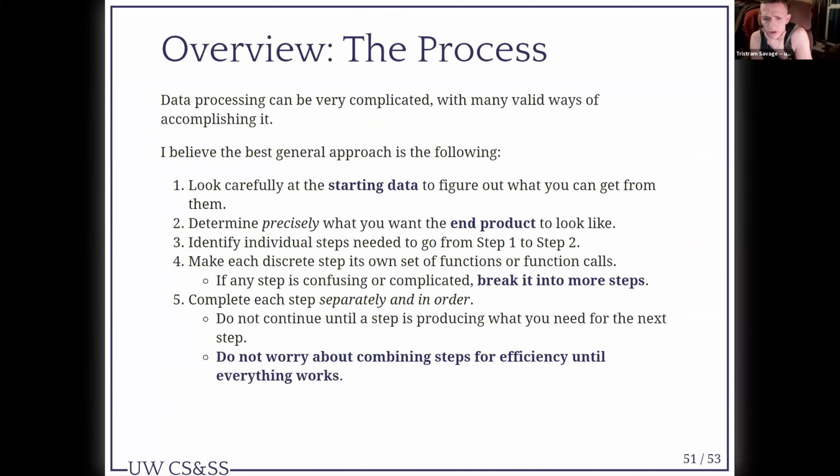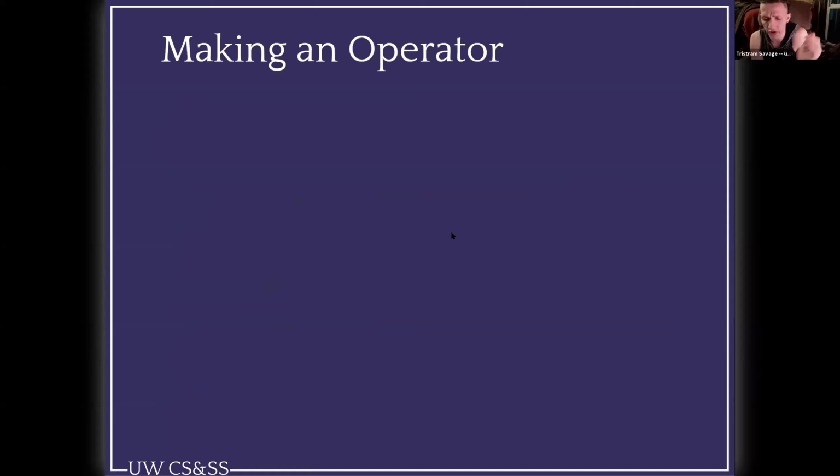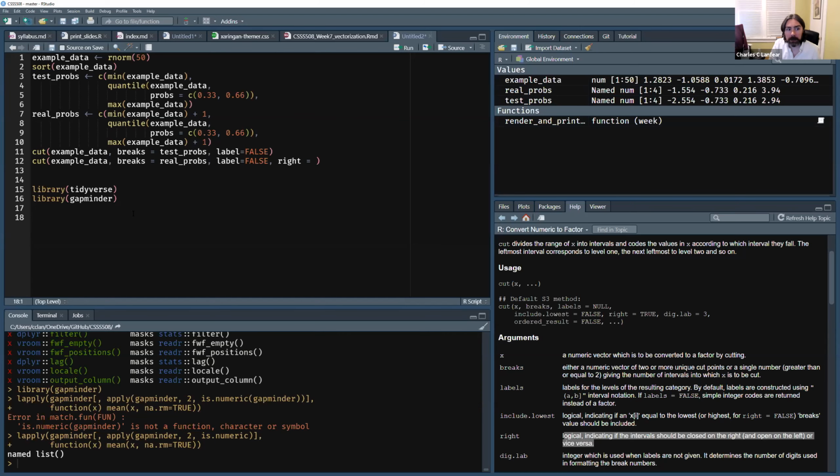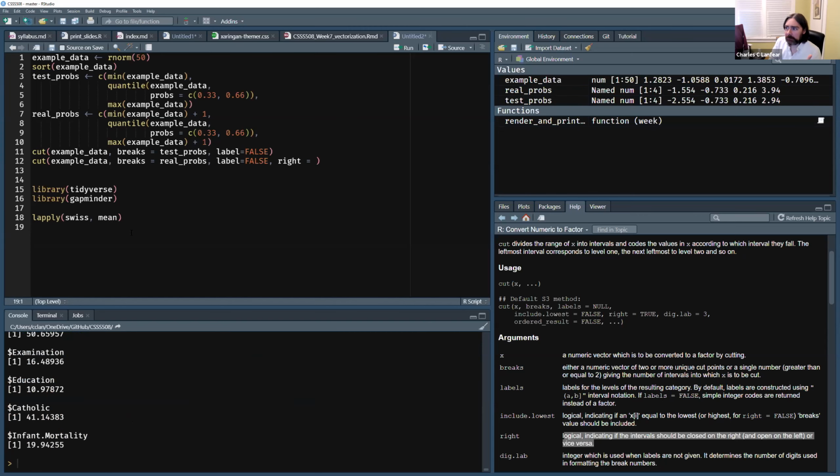When do you have to? When is it mandatory to use function(x)? Literally anytime you're using an lapply. Here I'll show you. If I say lapply Swiss, I could say mean here. This is not an anonymous function because I'm directly calling the mean function.